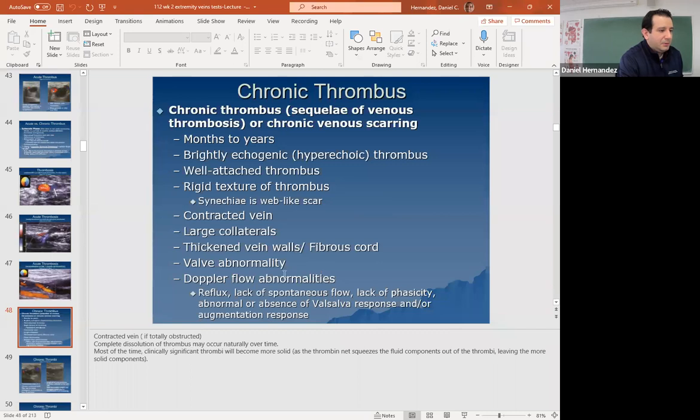Within these chronically scarred vessels, we may lack spontaneous flow, we may lack phasicity, we may observe the presence of reflux. They may also have abnormal response to Valsalva or augmentation maneuvers.